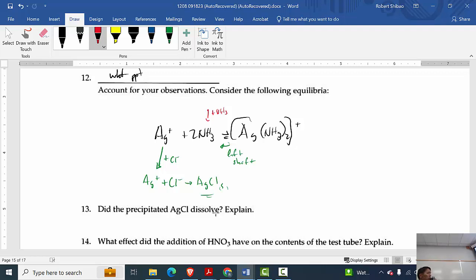Actually, I need to do this differently here. What should happen here? If I add my ammonia here, I should shift this to the right. If I shift this one to the right, this one also shifts to the right. And if this one shifts to the, well, actually, this one's not the right one. Sorry, let me.